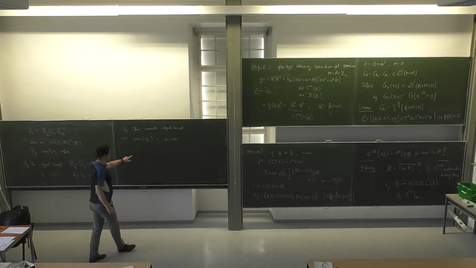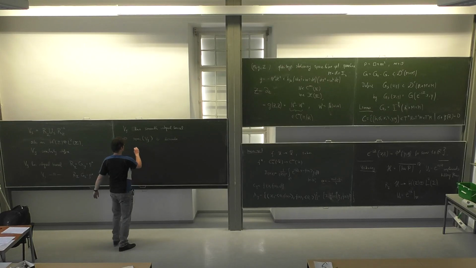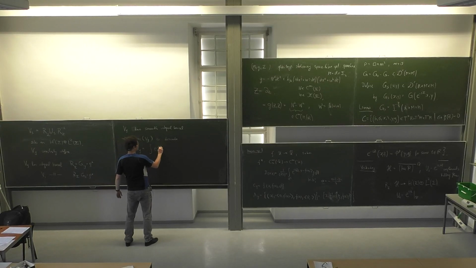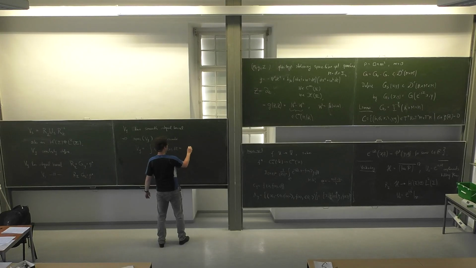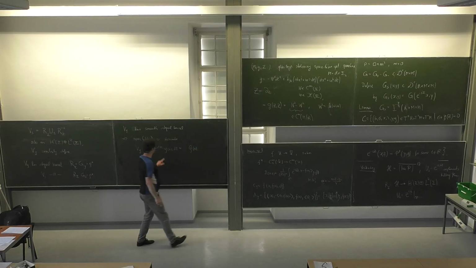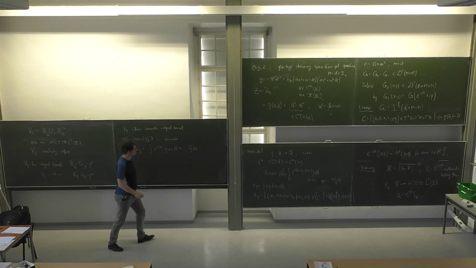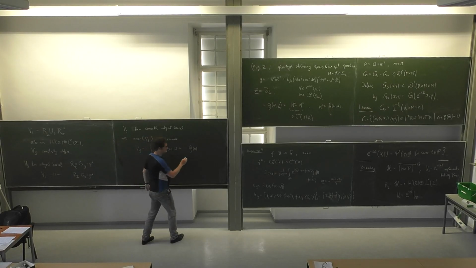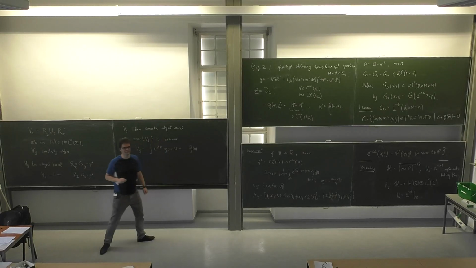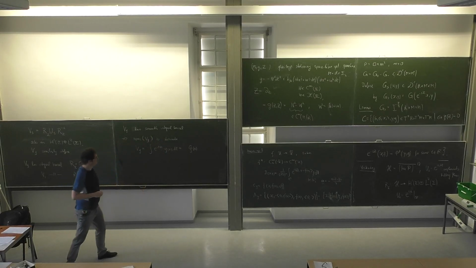But that's true for every phi. But what's V phi if you write it in terms of the operator? So that's e to the ith, right? Phi of t dt. And by spectral calculus, that's also the same as phi hat of h. Isn't that right? No, it's minus h. Phi hat of minus h.